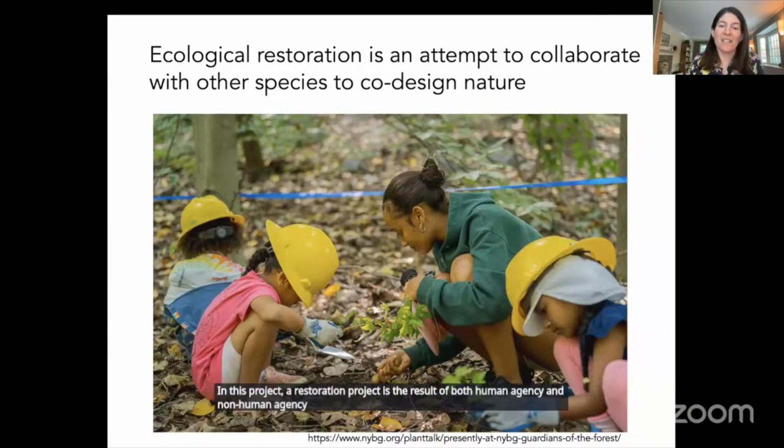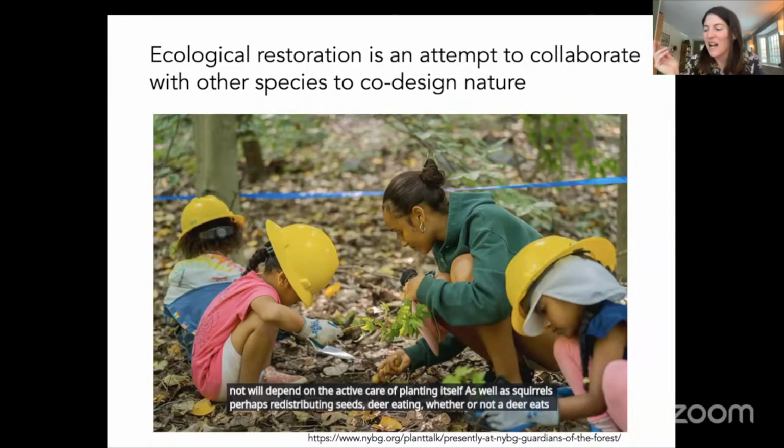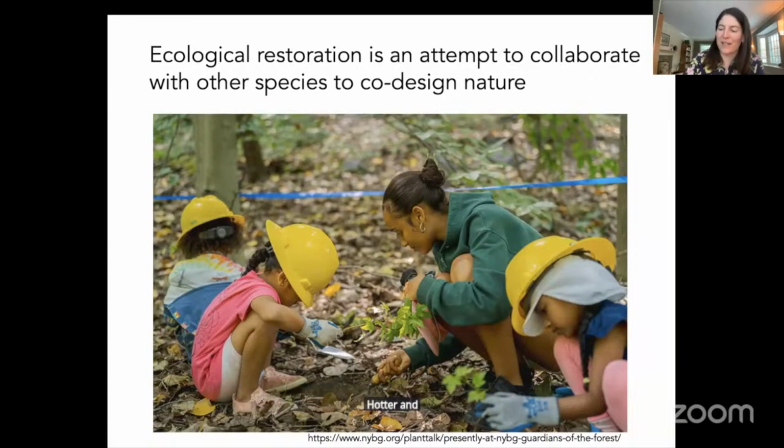Whether a seedling that is planted in a forest survives or not will depend on the act of care of planting itself, as well as squirrels perhaps redistributing seeds, whether or not a deer eats that seedling, and hotter and wetter temperatures, promoting growth, but also promoting disease.